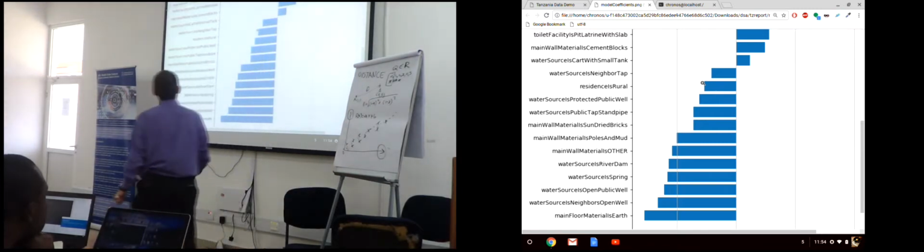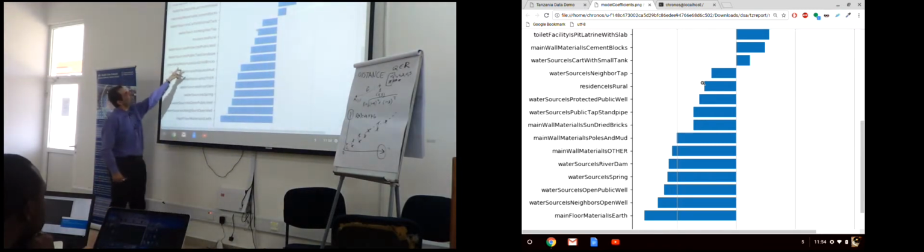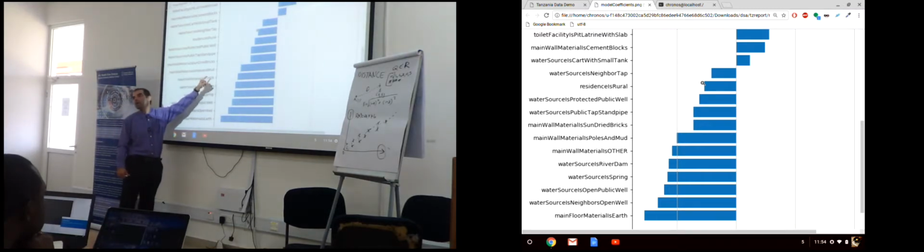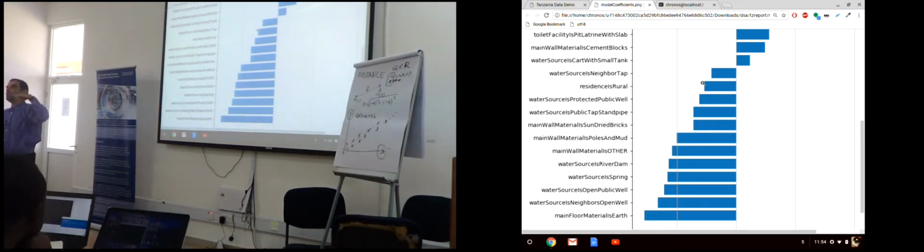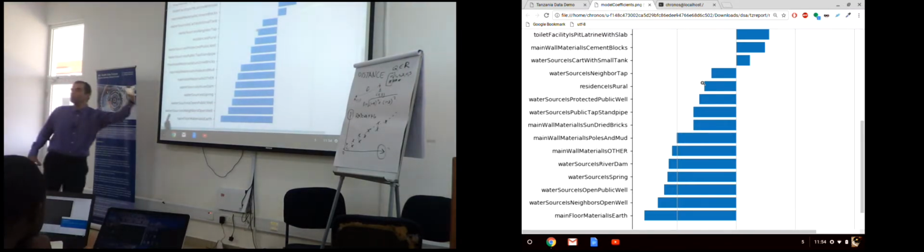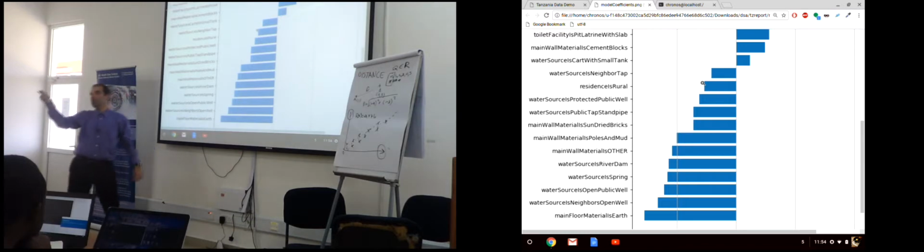All right? This is why we get these strange things. Main wall material is sun-dried bricks, and then main wall material is poles and mud. This is one field in the dataset. But to feed it into the modeling, I have to turn it into a binary field.